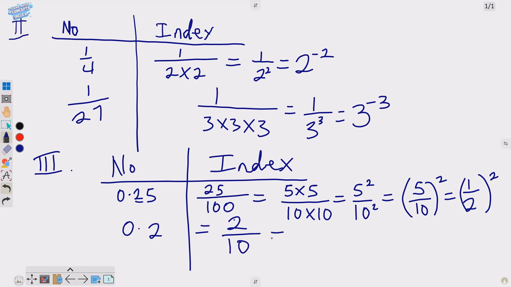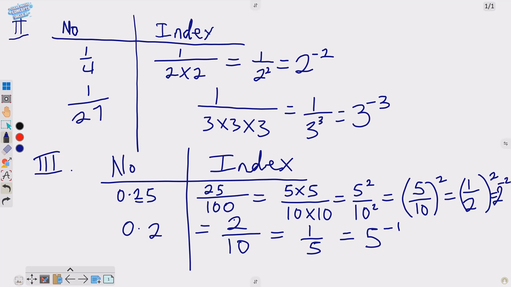So that's 2 over 10, which is 1 over 5. This will now be what? 5 raised to power minus 1 in index form.